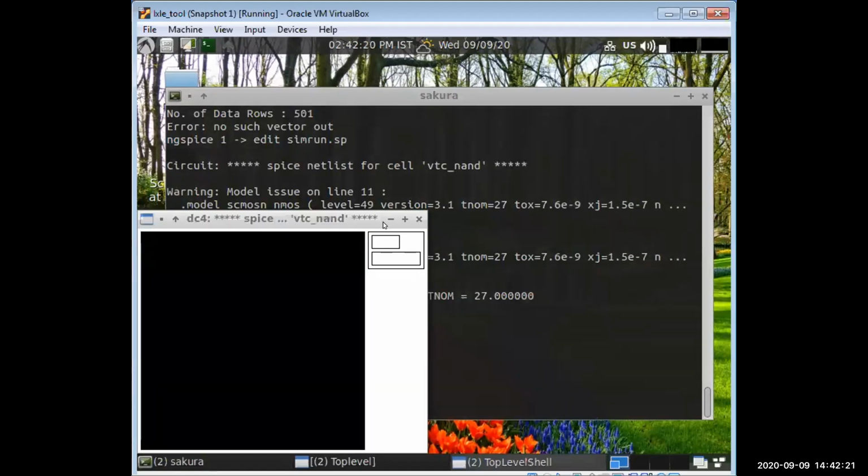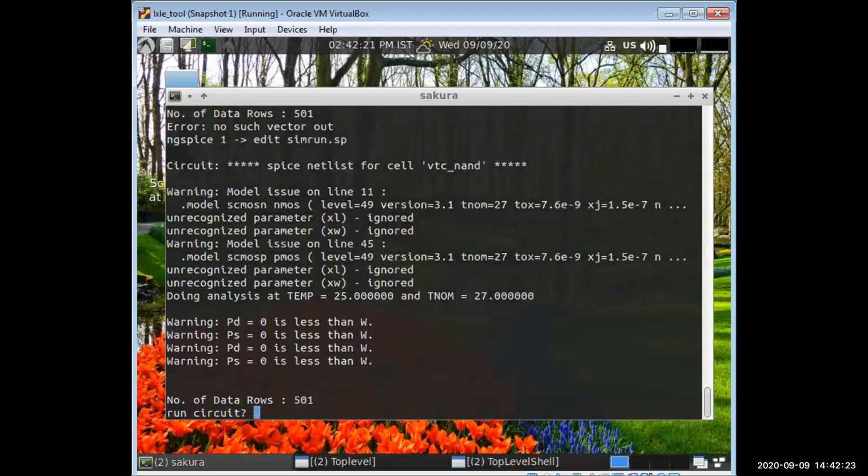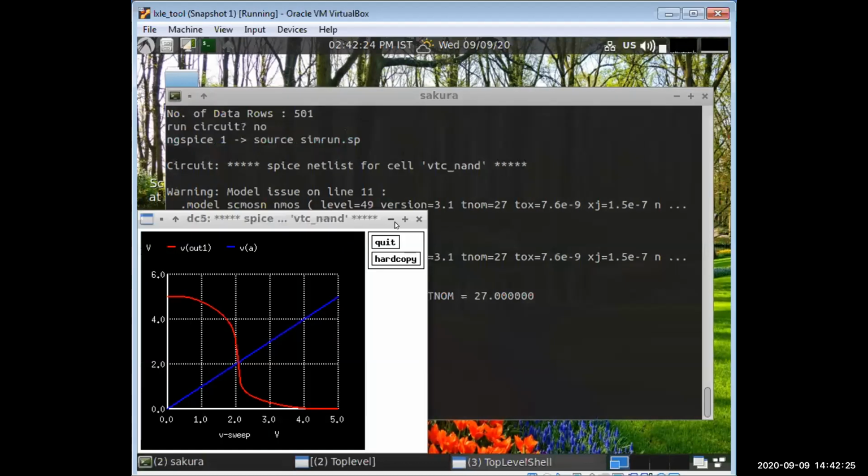Okay, now the curve will come. So you can see this curve.